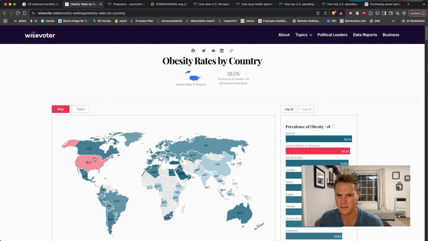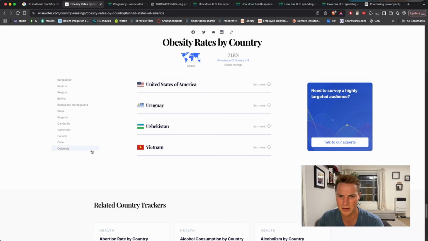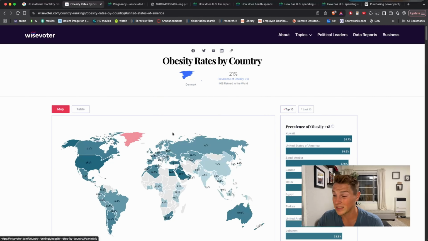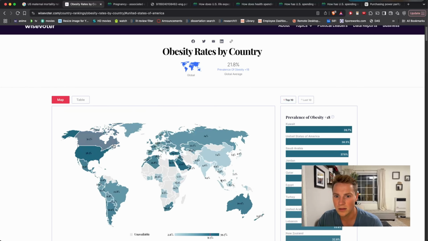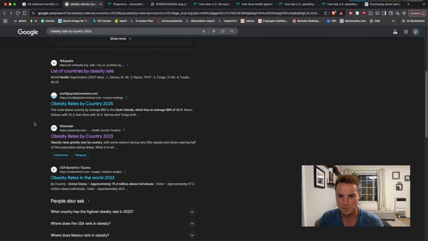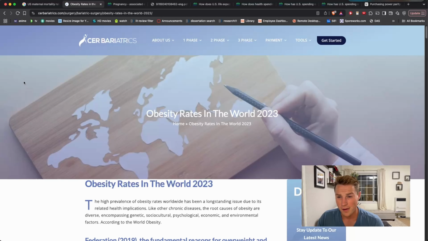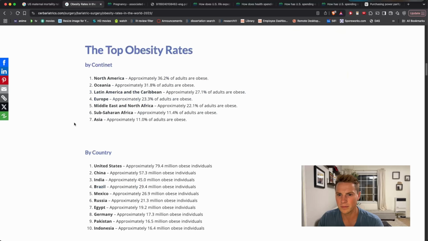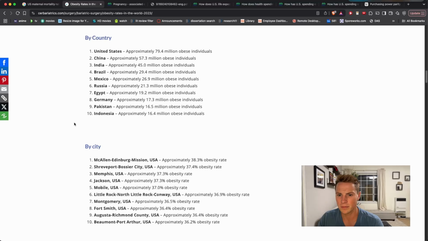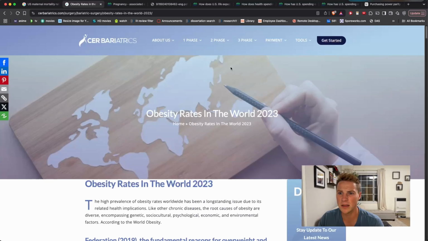This is not a very good website. It's designed well, but the data is just hard to figure out when the numbers were published. Okay, let's not use this. By country, the United States is first again.